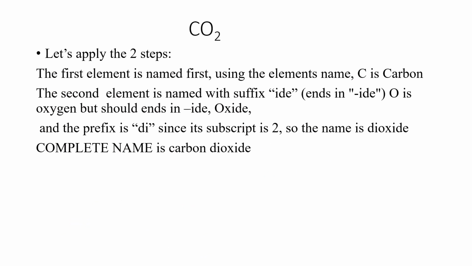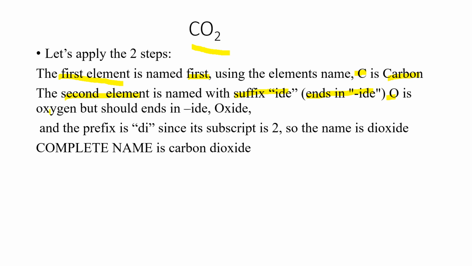So example, CO2. Let us apply the two steps. The first element is named first, and using the element's name, C is carbon. The second element is named with suffix IDE or ends in IDE. So O is oxygen.